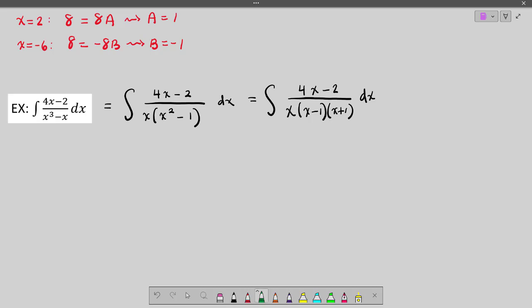So when we come to do our PFD, to build our PFD equation, we take our integrand, and the format of our PFD, we are going to put a constant over each and every one of these linear factors. So that's our PFD equation.